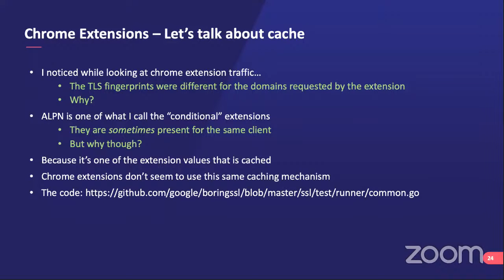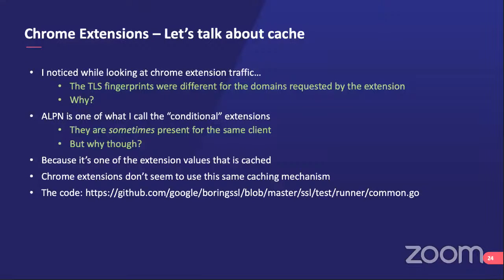Chrome extensions. This is probably my favorite one and most interesting one. This came up during something that I was looking into recently. I noticed while looking at Chrome extension traffic that the TLS fingerprints were different for the domains requested by the extension versus domains requested by the Chrome browser, not by the extension. Why? What made them different?